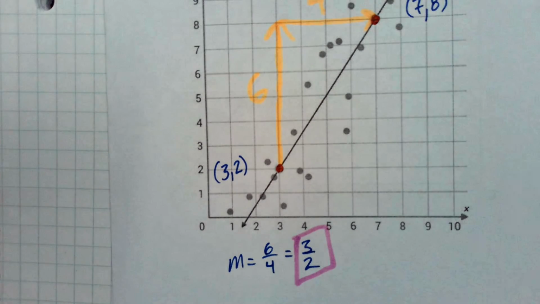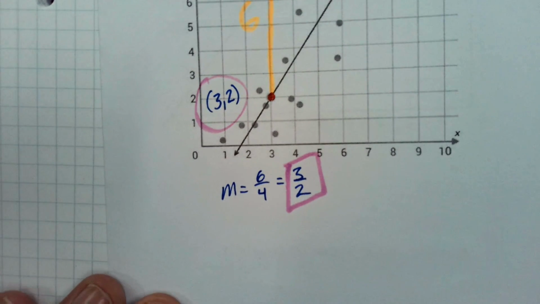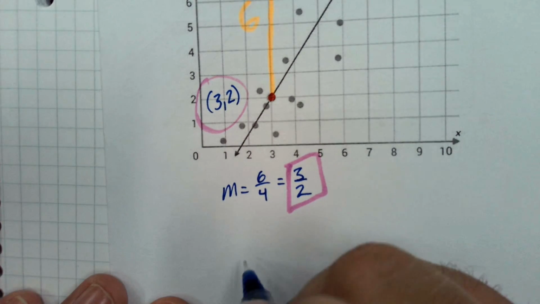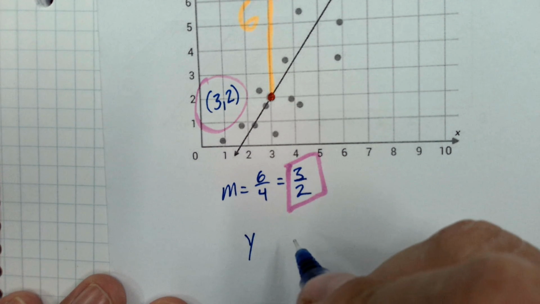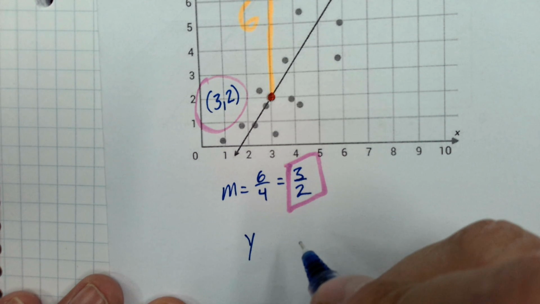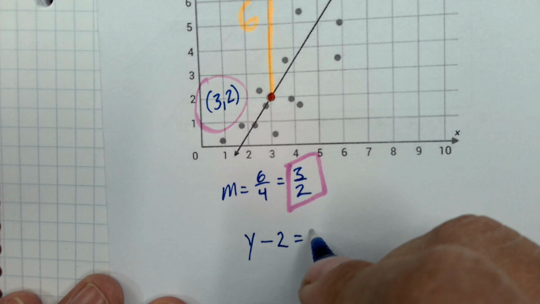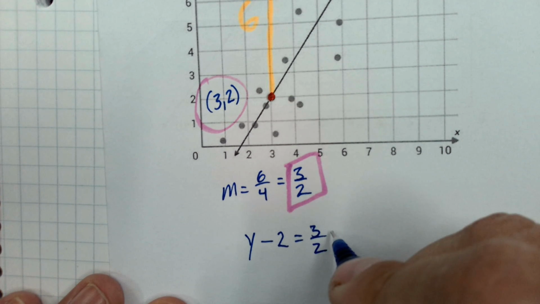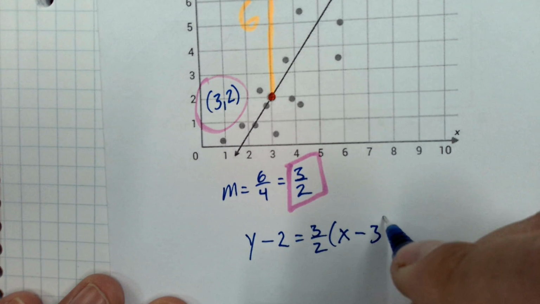Pick a point and use them to write the equation. Use your favorite method for writing a linear equation. What is it? Y minus 2 equals 3/2 parentheses x minus 3.